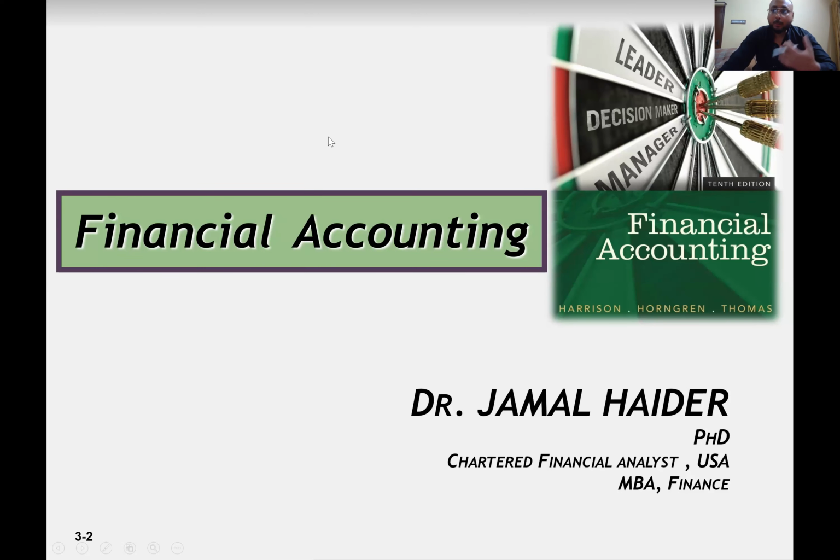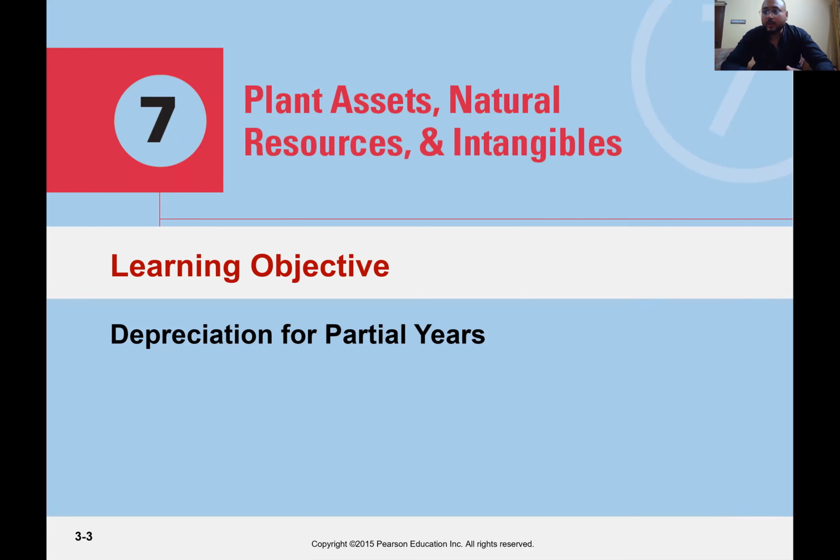So we were talking about how we account for plant assets. In our previous class, if we just recap, we talked about what is depreciation, how we are going to account for it, and then the methods to calculate the depreciation. The first one is the straight line method.